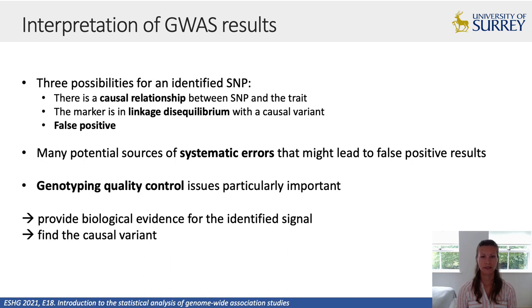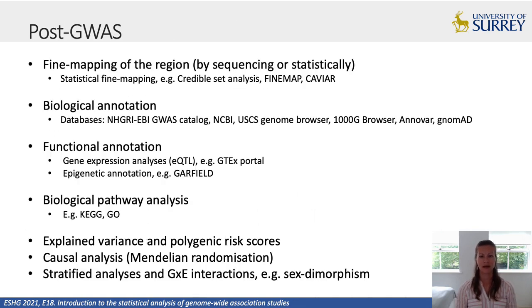But once we have identified our signals, we need to provide biological evidence for the identified signal and try to find the causal variant. How to do these things is we could do fine mapping of the region by sequencing or statistically.